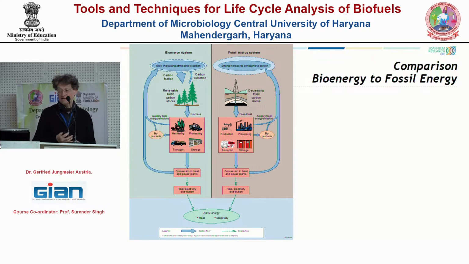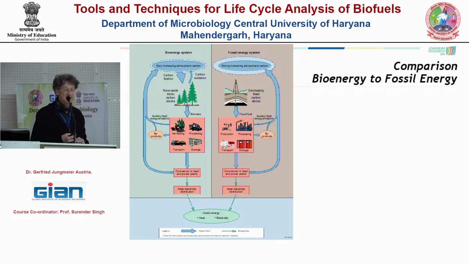On the left hand side is the bioenergy system, always starting in nature with growing the biomass. Then you have the different conversion processes. In that case you're providing heat and electricity, and these blue arrows show more or less the flow of the biogenic carbon. Also on the right hand side you see the same picture for the use of fossil energy.